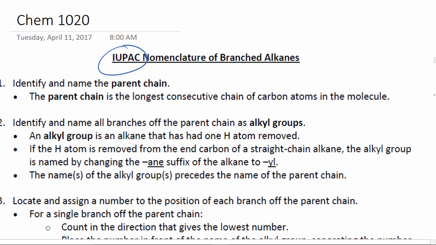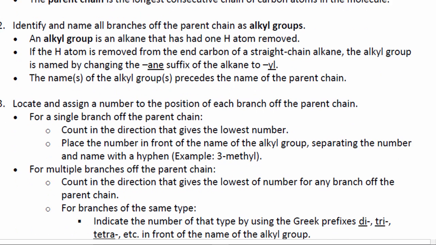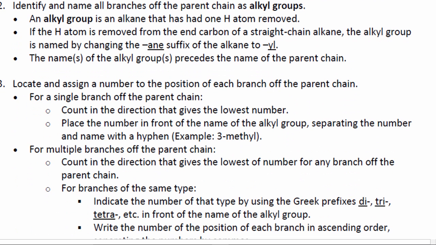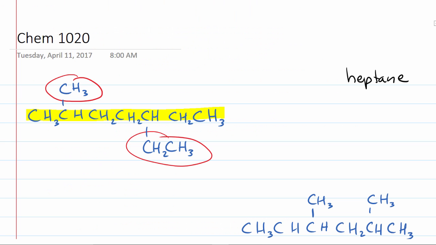From here then, what we're going to do is locate and assign a number to the position of each branch off the parent chain. And if we have a single branch off the parent chain, we'll count in the direction that gives us the lowest number. This isn't a single branch, we have multiple branches. So when we have multiple branches, we're going to count in the direction that gives us the lowest number for any branch off of the parent.